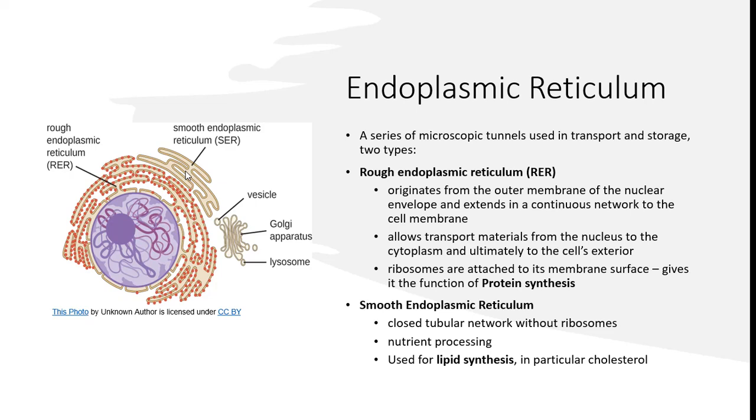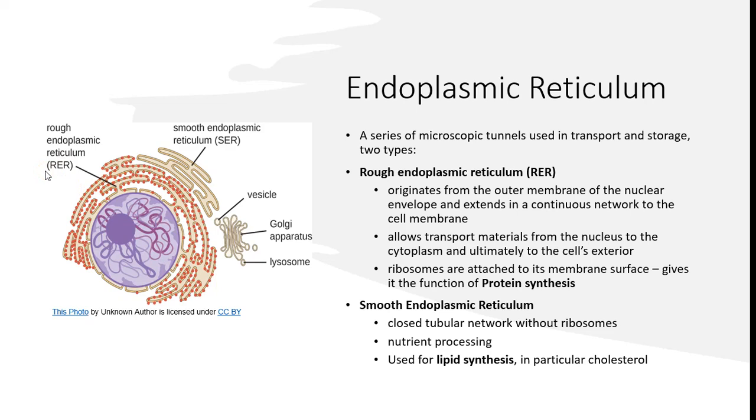Okay, so let's look a little bit here at that endoplasmic reticulum. Again, there are two different types. Where you see the red dots, that is what we refer to as the rough ER, or the RER. The reason it's called rough is because microscopically it looks rough, and that's because on those surfaces are these little red dots known as ribosomes.